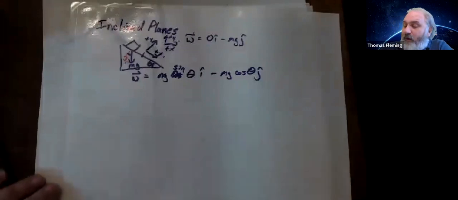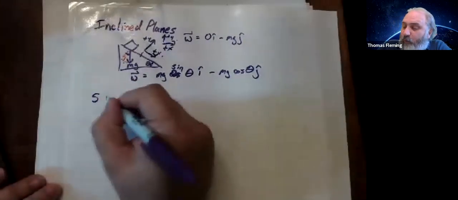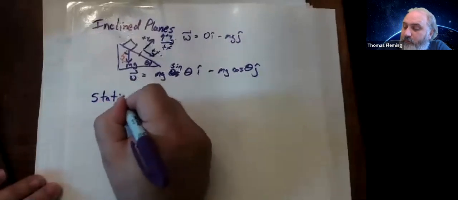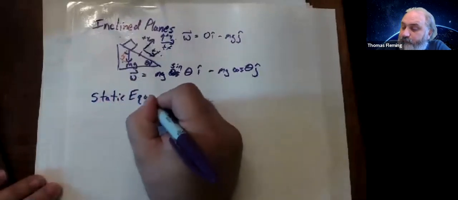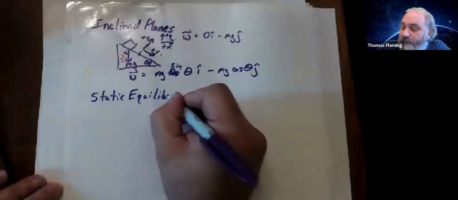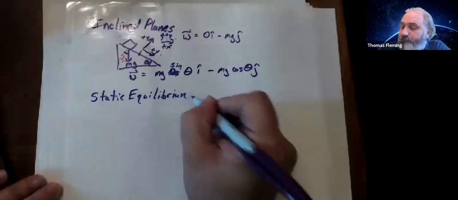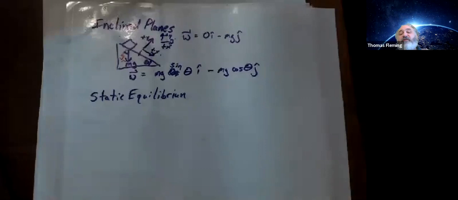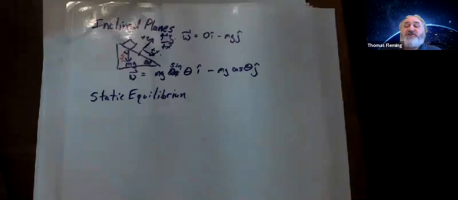Now, what about static equilibrium problems? What do I mean when I say static equilibrium? The object isn't moving. The object usually means it's stationary or not moving.